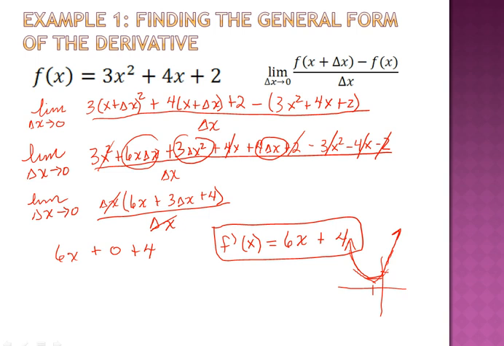And so the general form of my derivative allows me to have a slope that works absolutely everywhere on my graph. If I want to know what's happening to my graph at 1, then all I have to do is say, I want to find out what's happening at f prime of 1, and plug it in. So when x is 1, my slope would be 10.